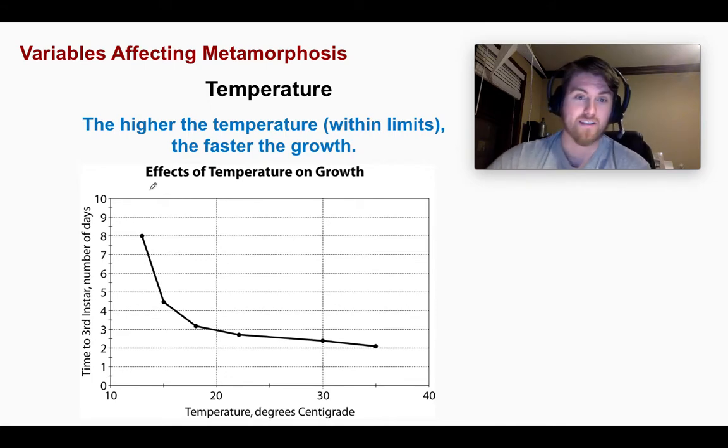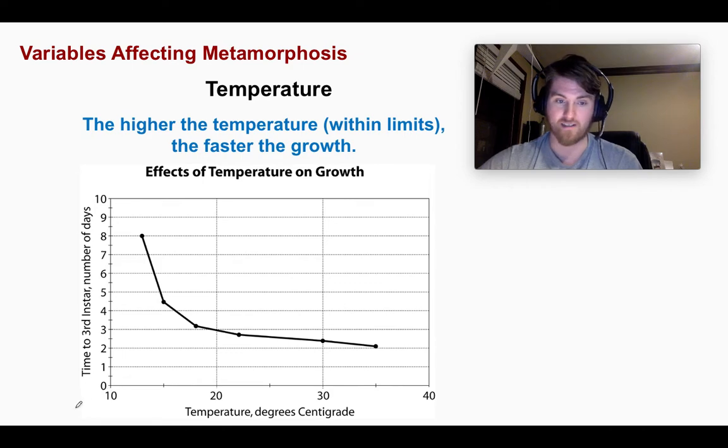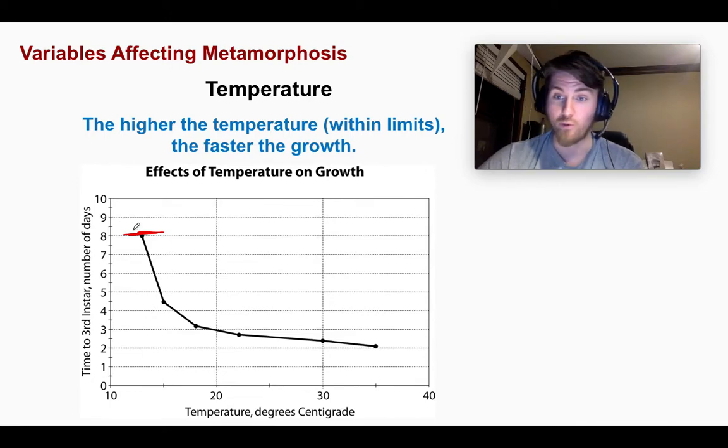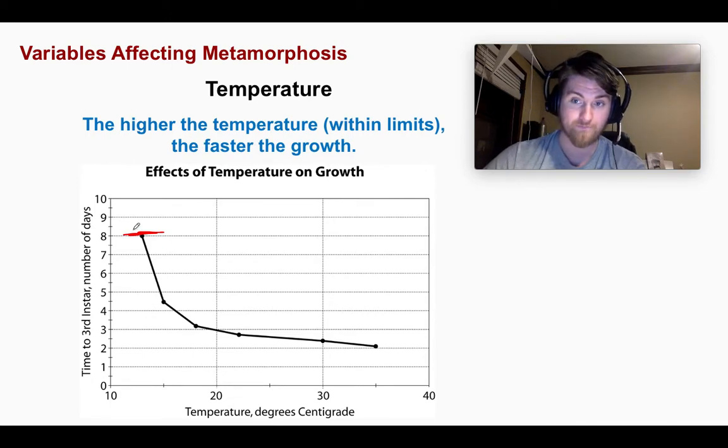You can see the temperature in degrees centigrade, and remember, 0 degrees centigrade is freezing, and it's just the number of days it takes. So the colder it is, the longer the amount of time it is going to take for that insect to grow.